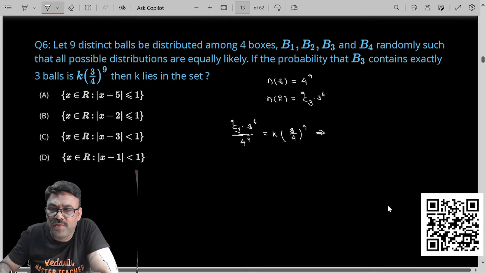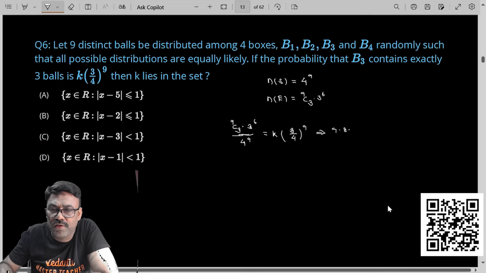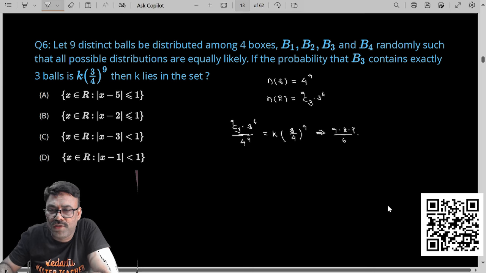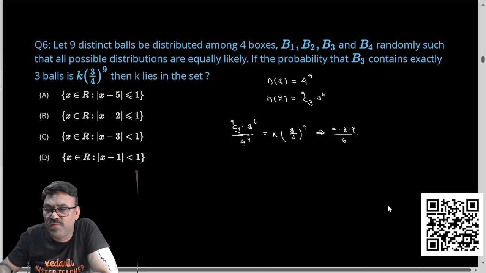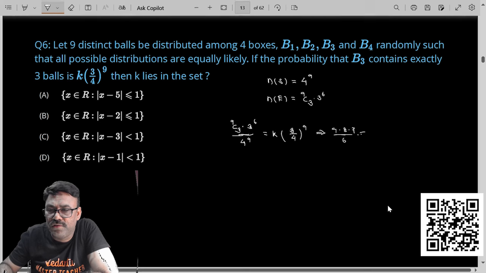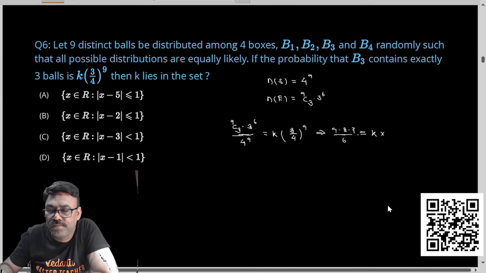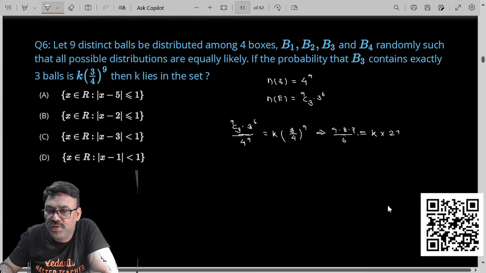Now 9C3 can be written as 9 into 8 into 7 by 3 factorial, which is 6. Then I have 3 raised to 6 on the left, 3 raised to 9 on the right. So I will get here k times 3 raised to 3, or you can say 27.